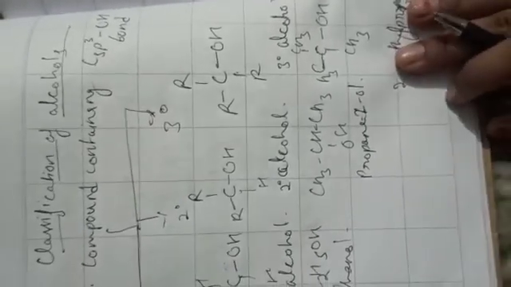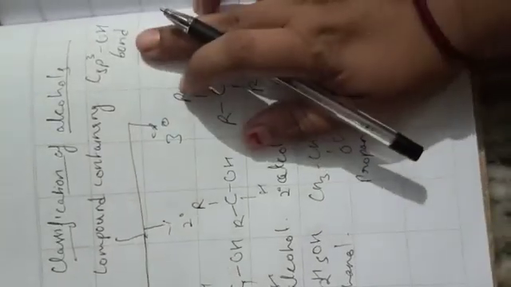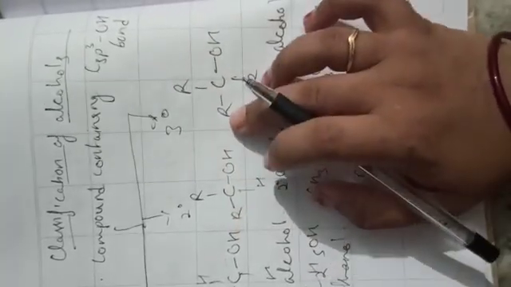Now moving forward, when the OH group is attached to the sp3 carbon, then first it is divided into primary, secondary, and tertiary, and it can also be classified as allylic alcohols.